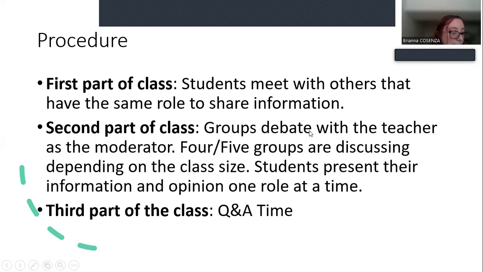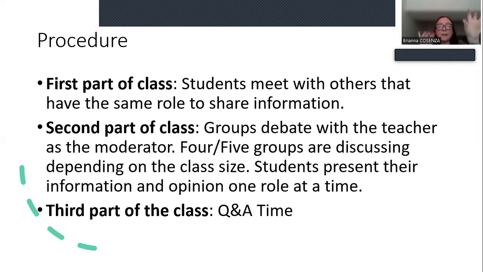So how I do this is that in the first part of class, I'll have students meet with each other that have the same role. So I have about 4 or 5 groups discussing at the same time.